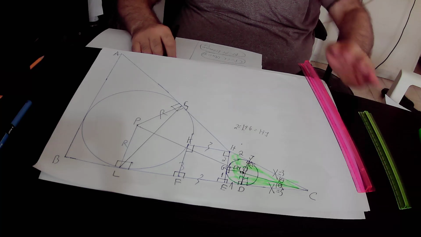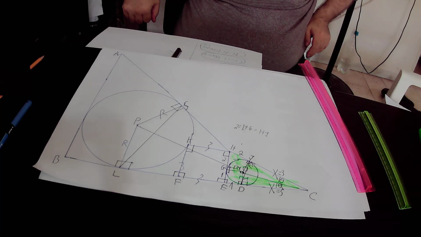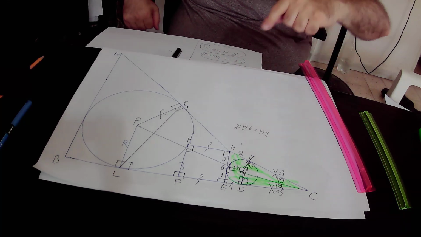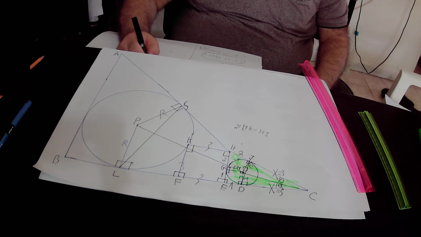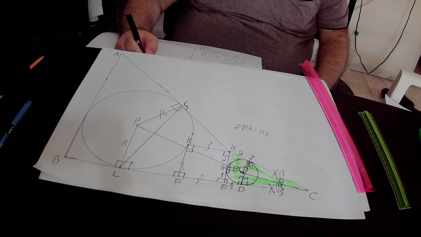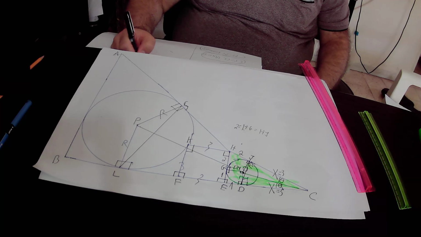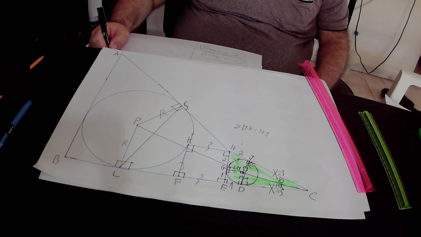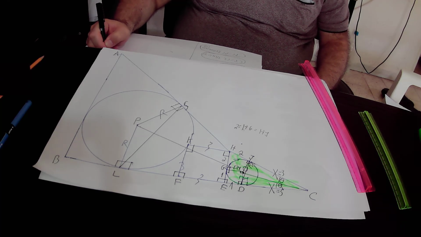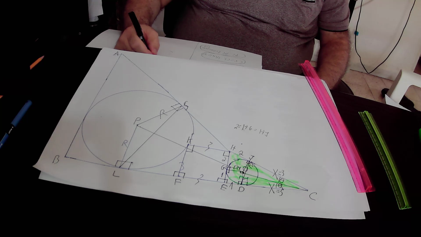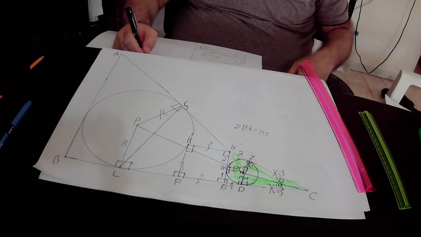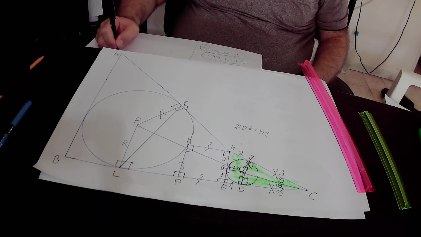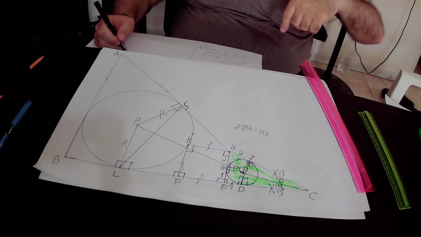According to what we did until now, we can conclude that CP is also the angle bisector of angle C in triangle LSC.